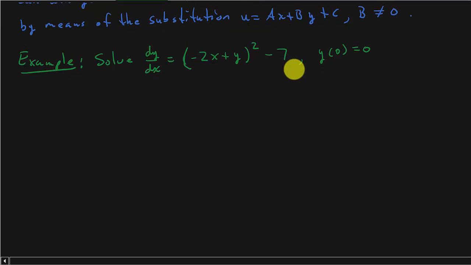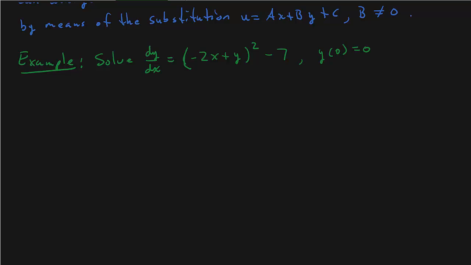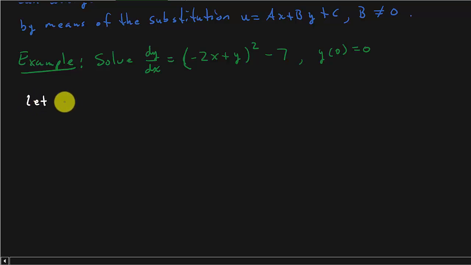All right. So here we are going to let u equal negative 2x plus y. Okay, this part right here inside the parentheses. And so that tells me that du dx is equal to negative 2 plus dy dx, the derivative of y with respect to x.